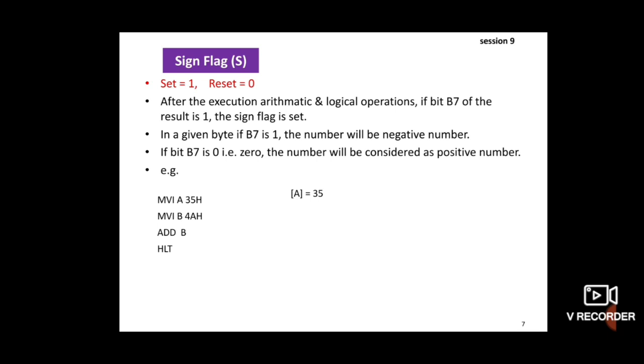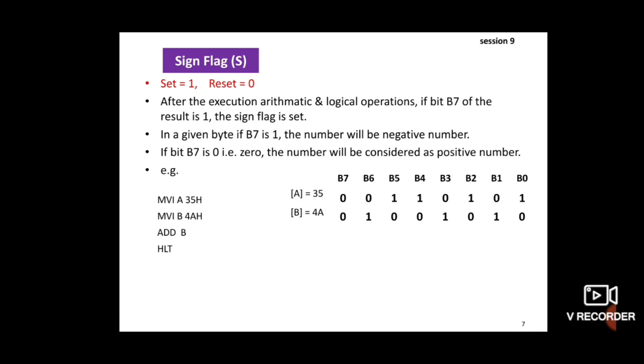Now see how it executes. See the bit pattern B0 to B7. Now write the binary of 35H: 00110101. And in the B register the data 4AH is stored. Now write the binary of 4A: 01001010.